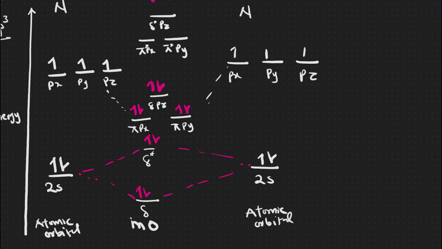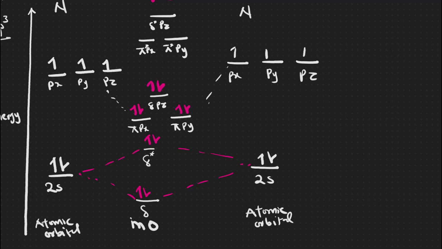So the next thing is for us to predict the magnetic nature of the molecule, because the question says we should predict its magnetic behavior. So what's the magnetic behavior of the nitrogen molecule? Is there any unpaired electron? All the electrons, we can see that they are paired up. If we were having an unpaired electron, then it will be paramagnetic.